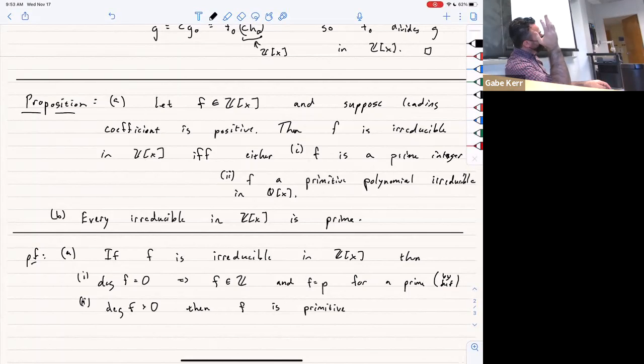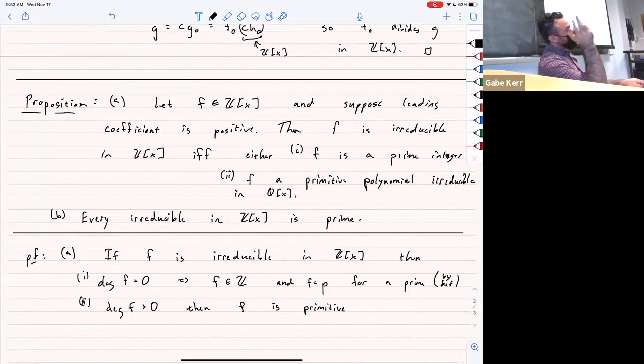What does it mean to be primitive? It means that there's no integer that divides all the coefficients. What if there was an integer that divided all the coefficients? You'd be able to factor that integer out, and you'd be able to write F as a product of two things, both of which are not units.